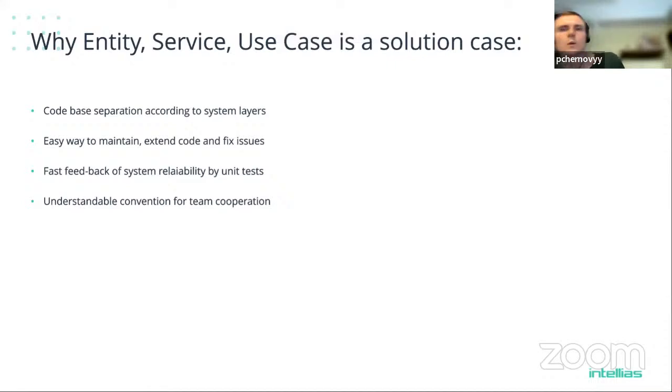So why is entity, service, use case a solution case? Code-based separation according to system layers. Easy way to maintain, extend code and fix issues, because we have fast feedback of system reliability by unit tests.